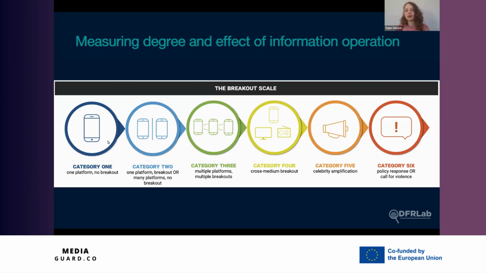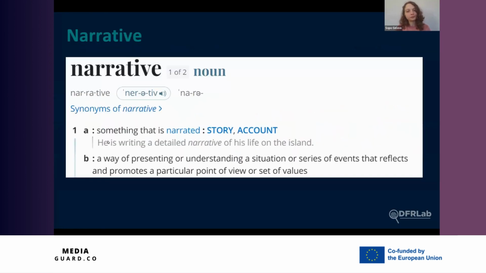And then if there are some risks of policy responses or calls for violence or mobilization, like online mobilization for offline attacks, or if it has some risks of offline effects as well. So we need a case-by-case approach and then discuss whether certain false information or campaign or info-ops falls in a certain category, what we see on the screen.